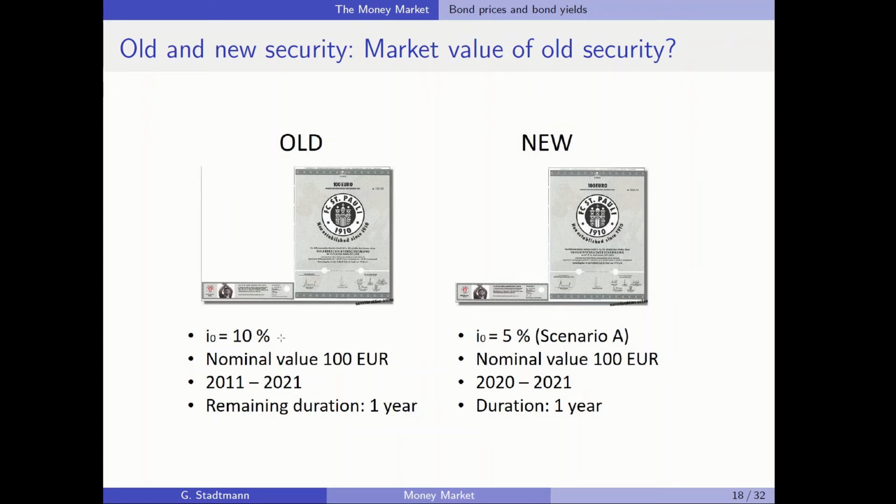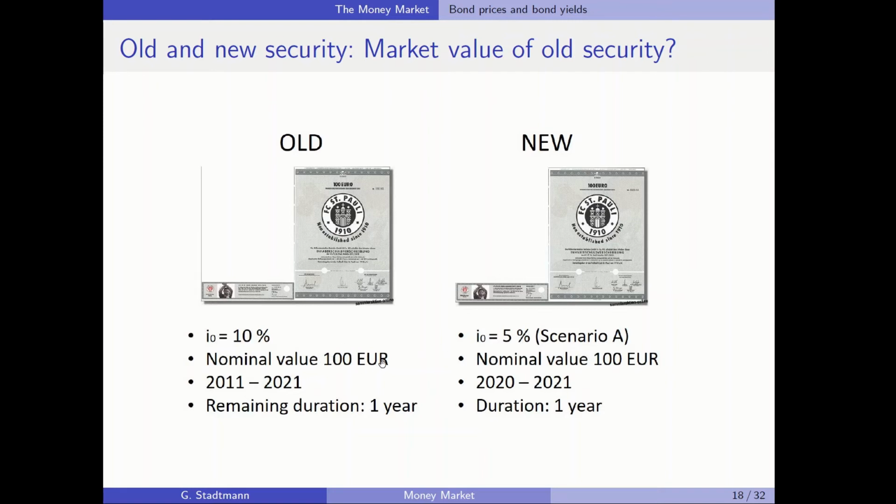It has a much higher coupon, a much higher interest rate, and therefore you will not be willing to sell this bond for 100 euros. That's not enough, because for 100 euros the company is selling this bond which has inferior characteristics in the form of a lower interest rate.